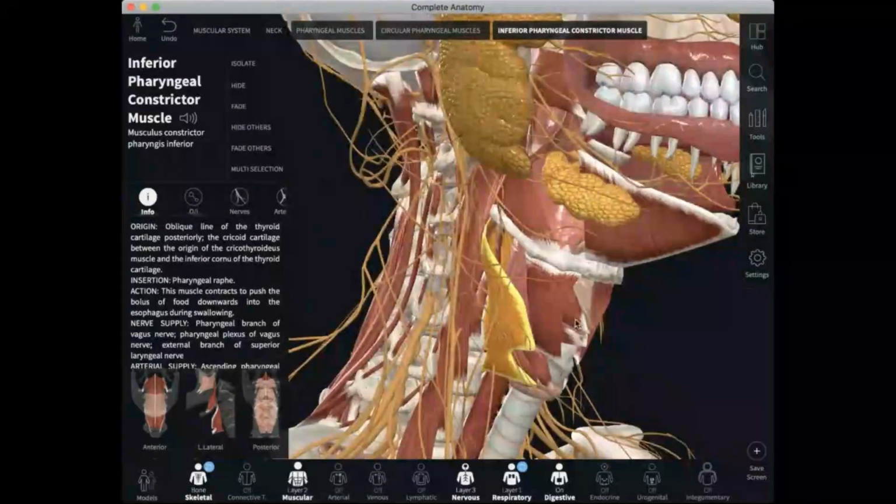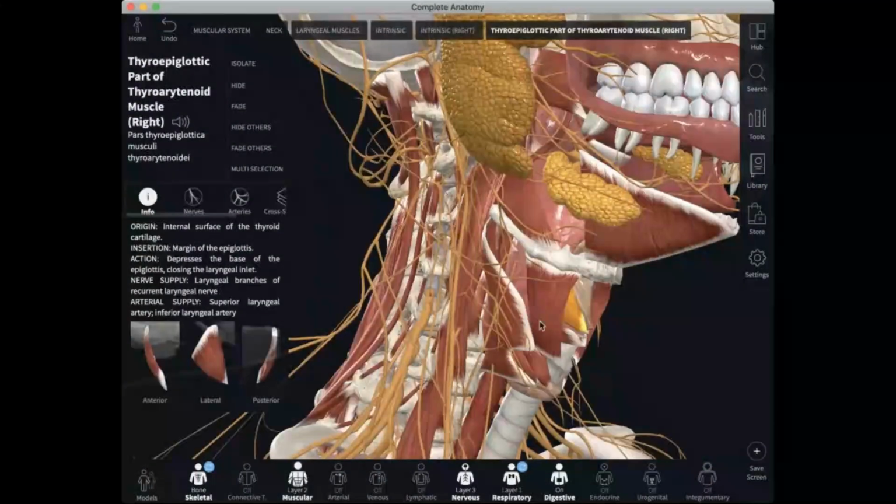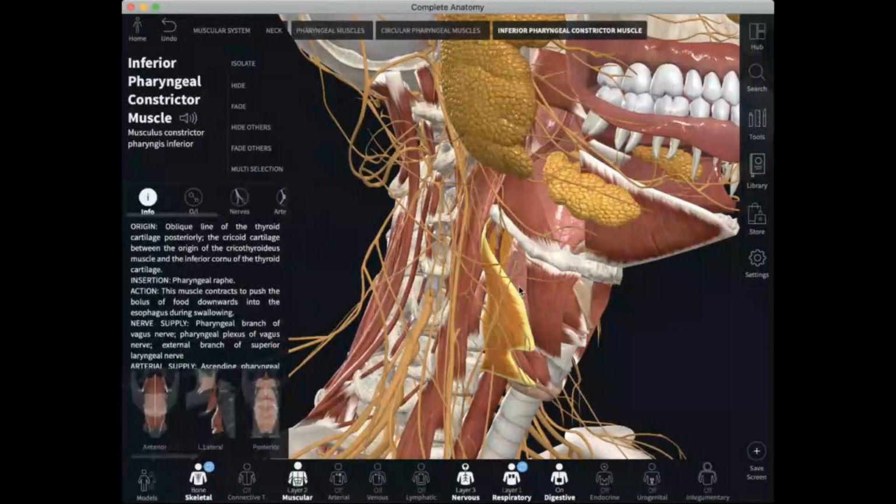Now what you can see, these are the areas of the pharynx.